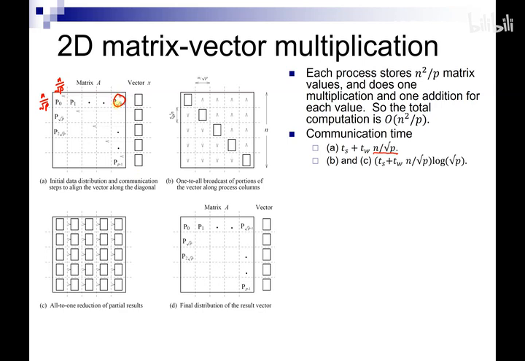This process, for example, is sending over here, and he's just sending this part of x, which has size n divided by root p. All of these processes in the first column do this in parallel. So the time to do all these sends is just this part over here.